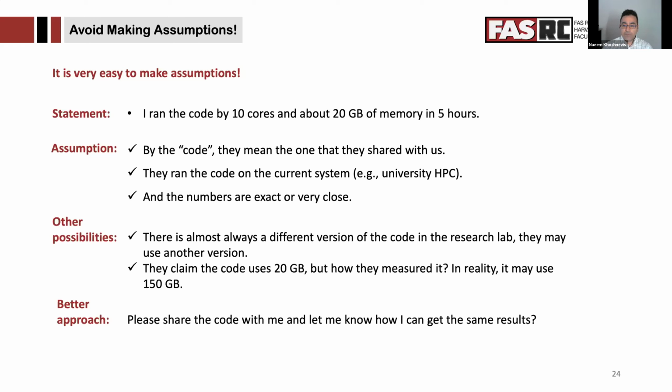But if you assume that it was 20 and they assume that it was 20, and you bring 150 to 60 gigabytes, they won't see any progress on that, and they may think it's not progress at all. So a better approach could be, please share the code with me and let me know how I can get the same results.